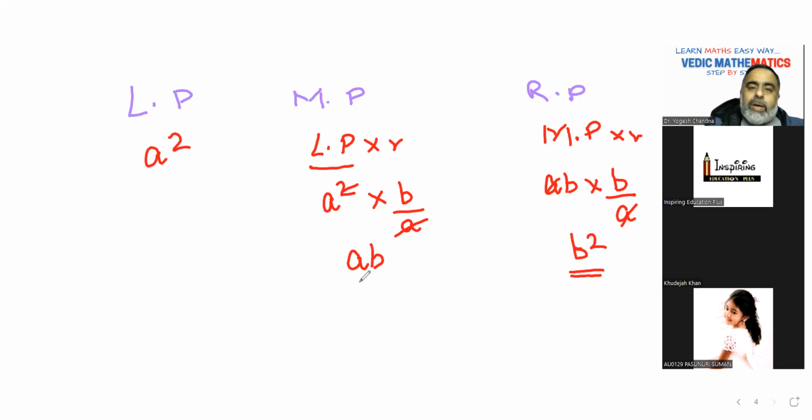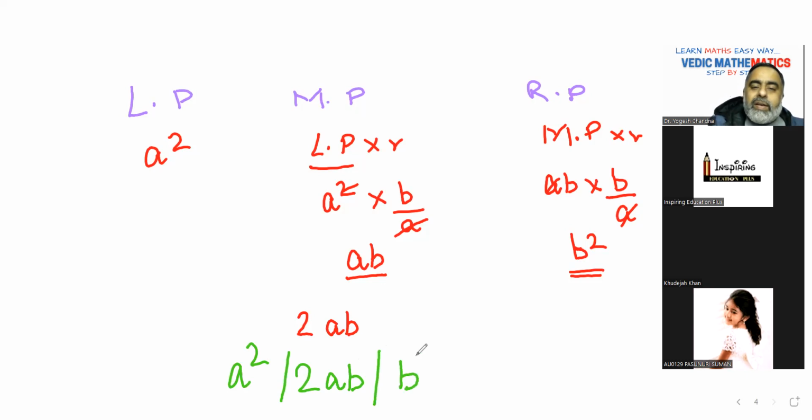The only thing you have to remember, you will not consider AB, you will always take double the middle part. So 2AB, you will take it. Whenever you do the calculation, you will always take double of the middle part. And now see what is derived. A square, 2AB, B square. Clear? This is the formula which otherwise in algebra, what is A plus B whole square?